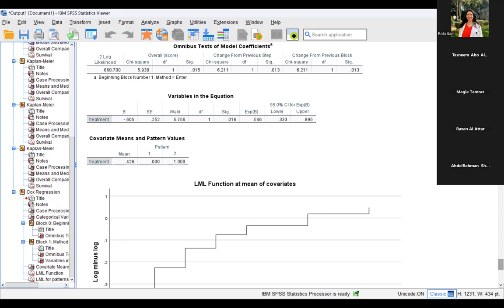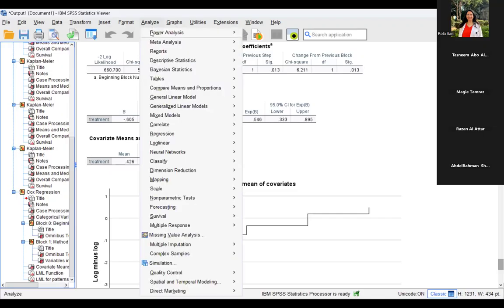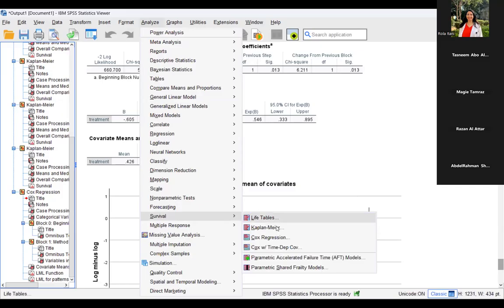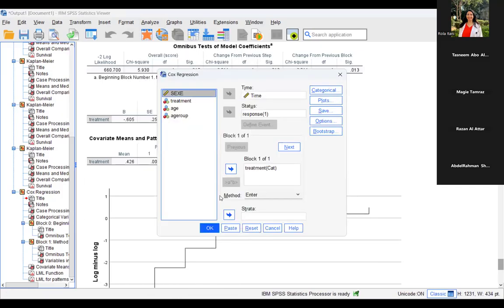Did we see any difference? No, not much. Not for gender, a little bit for age. But anyway, let's now do a regression where we calculate the adjusted hazard rate ratio using a multivariable Cox regression. So analyze, survival, Cox regression.